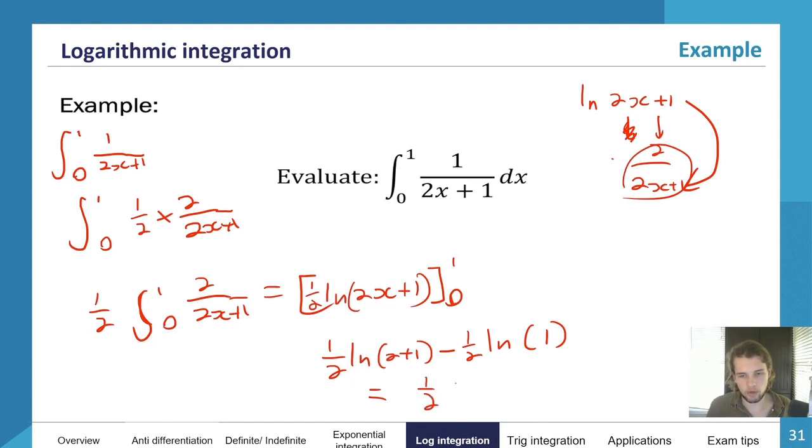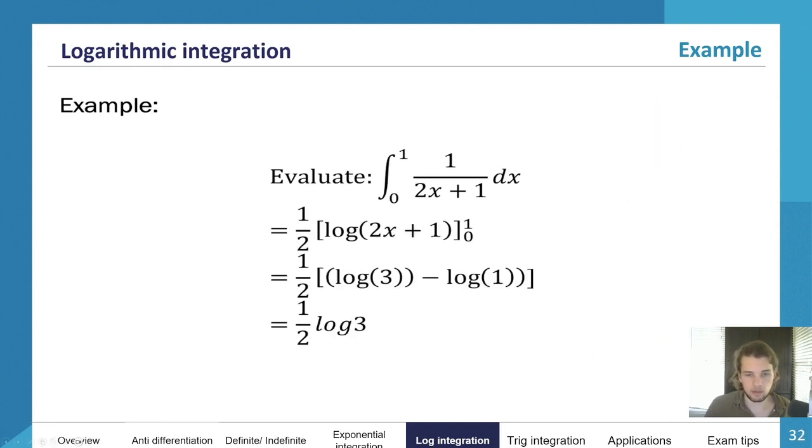So we could just put 1 over 2 outside at the front of everything, and we say ln 3 minus ln 1 is equal to 1 over 2 ln 3 over 1, which is equal to 1 over 2 ln 3, if I haven't made any mistakes.